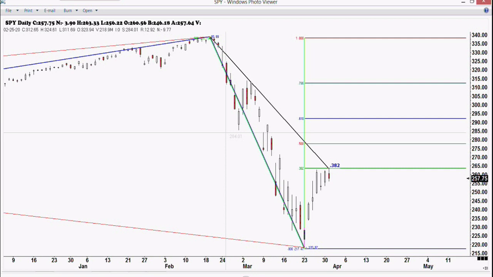Now, if that ABCD, let's just do the work ourselves here and defy human nature. We know that we have an ABCD pattern. So if we have an A at 340, you take A plus B, 340 and 220, that takes you to 560.